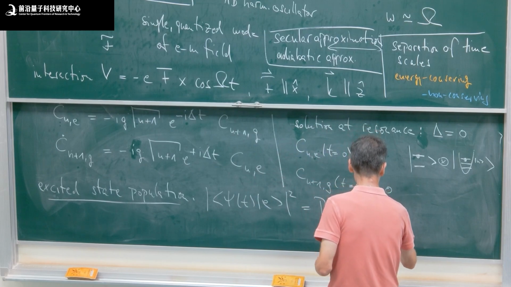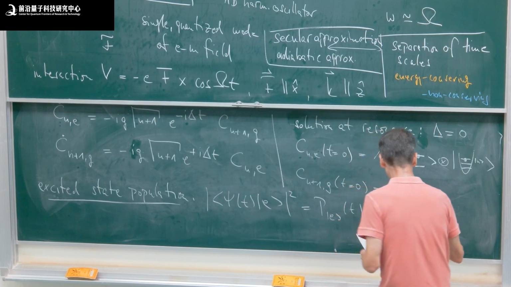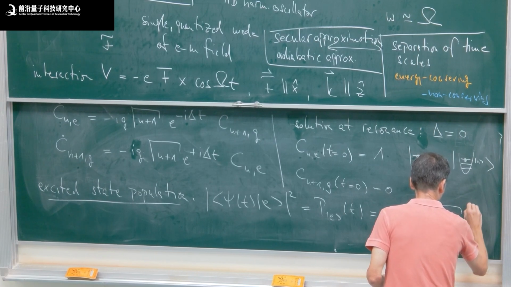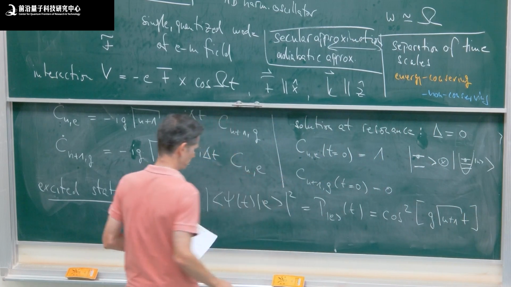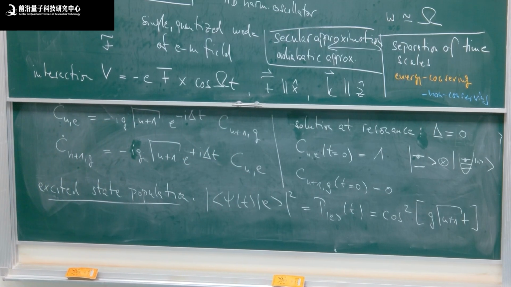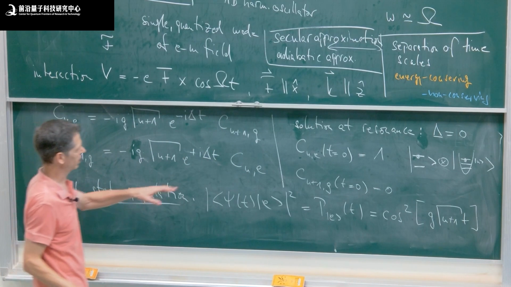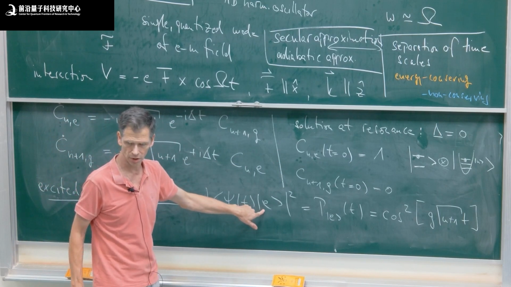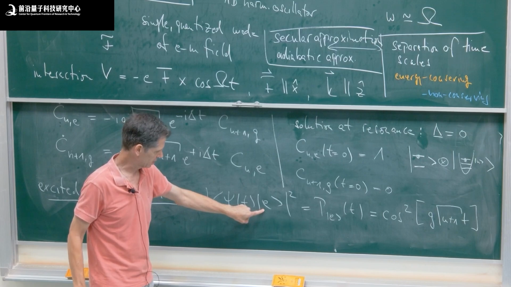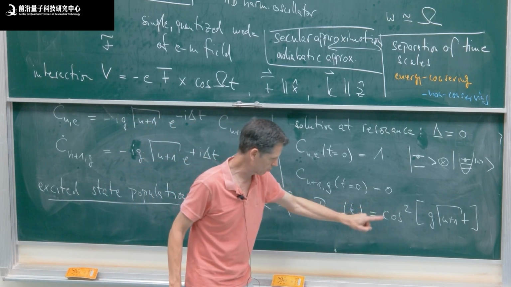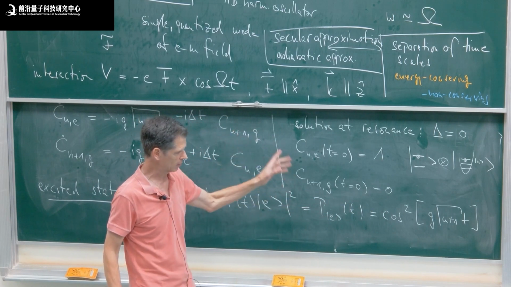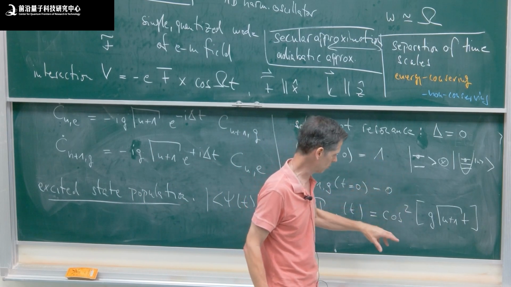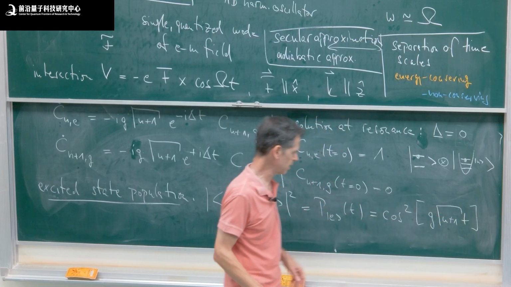And there we find that this is cosine squared of g times square root of n plus 1 times t. So this you essentially do by solving these equations with these initial conditions, then you project onto the excited state, and you get this expression. So you see that you start out at 1, and then you do a periodic, as people say, Rabi oscillation with a certain frequency.